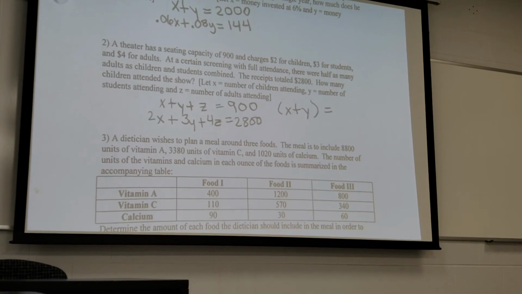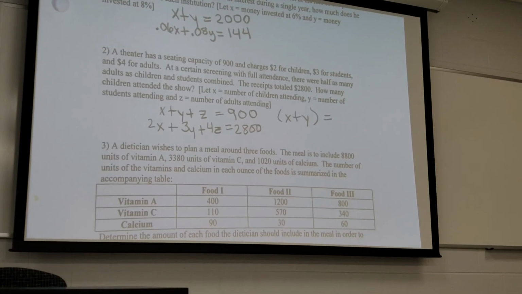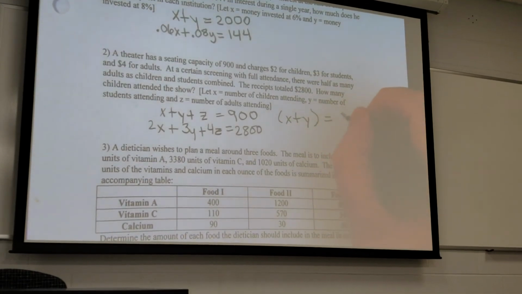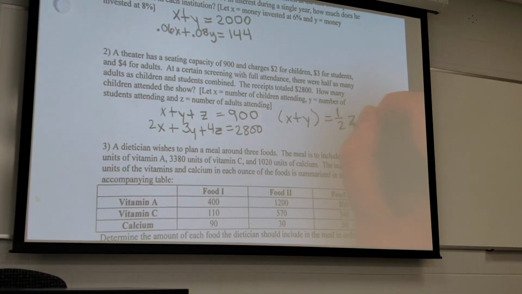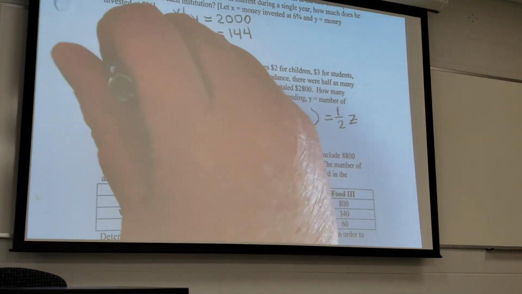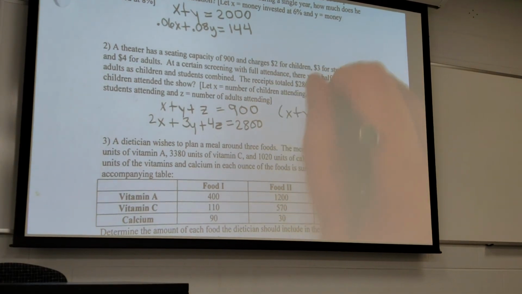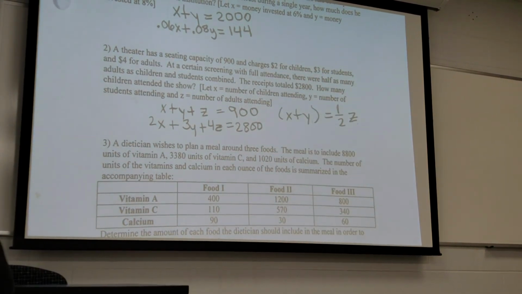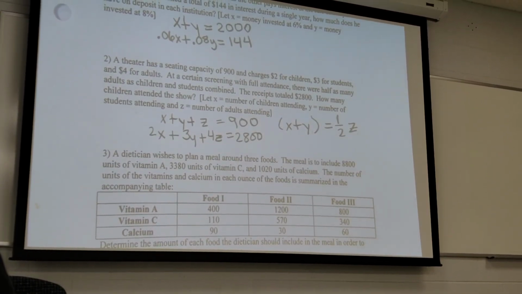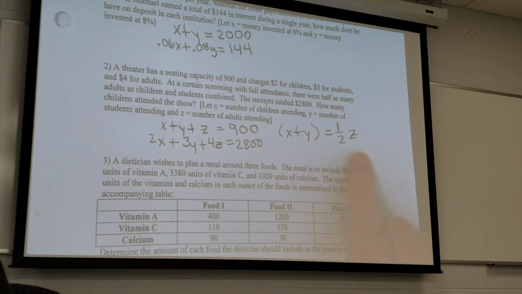So if I had 24 children and students, x plus y equals 1/2 z. It says there were half as many adults, so half the adults is equal to the sum of the students. If I had 48 adults, half of 48 would equal 24. So it is, x plus y is equal to 1/2 z.